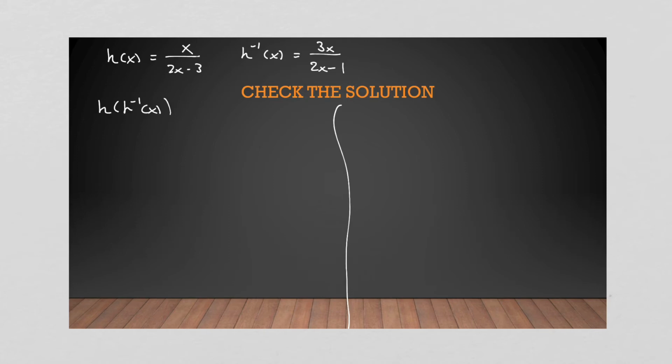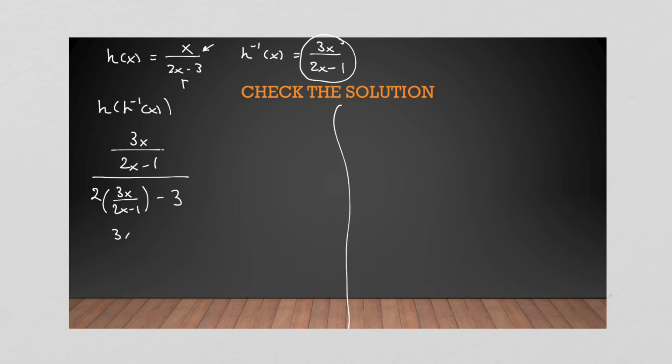So everywhere I have an x, here and here, I have to plug in this big fraction. So now I'm going to have 3x over 2x minus 1 over 2 times 3x over 2x minus 1 minus 3. So let's multiply in that 2.